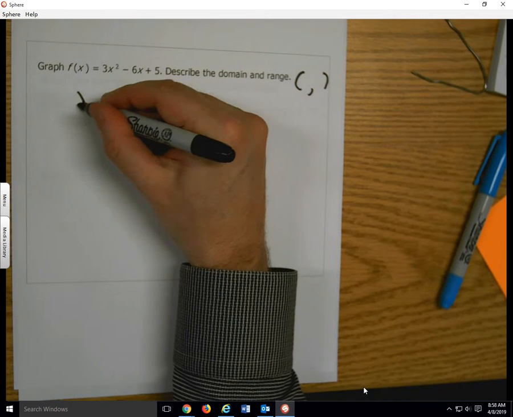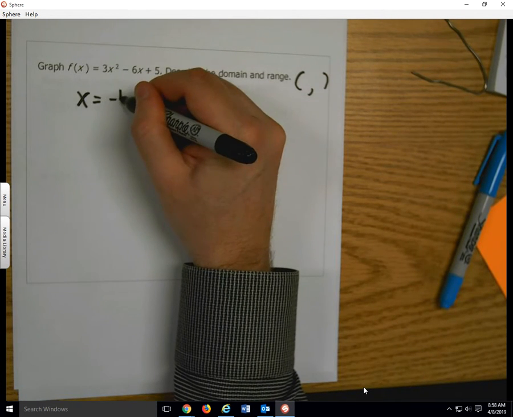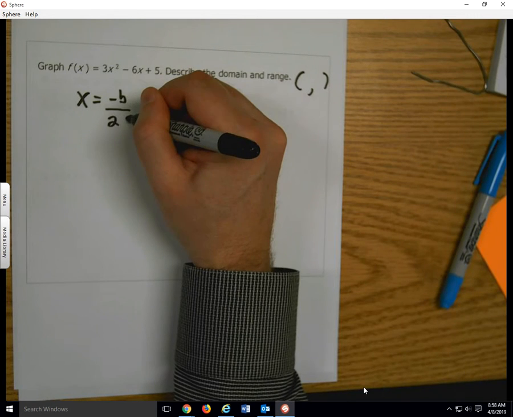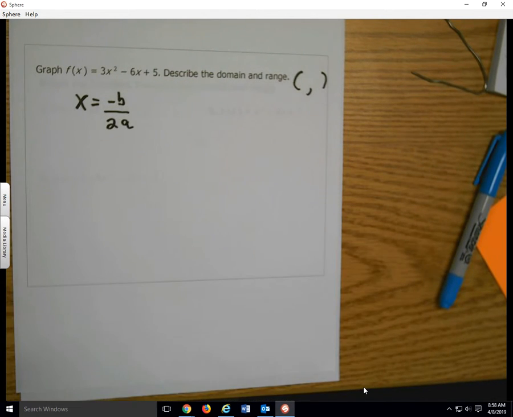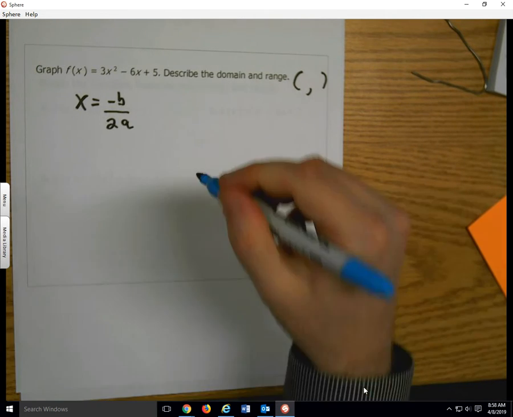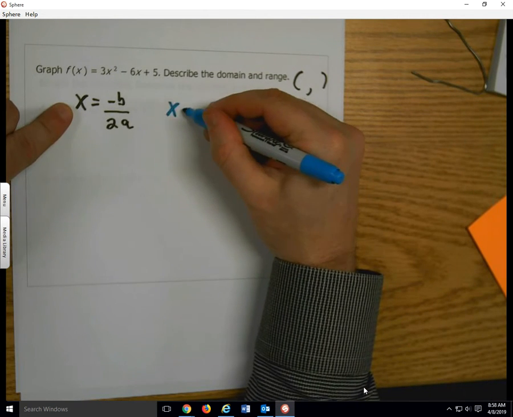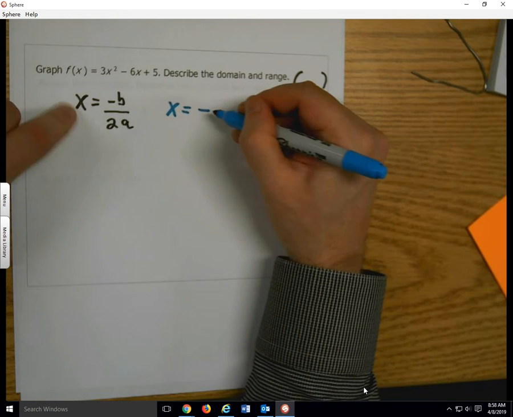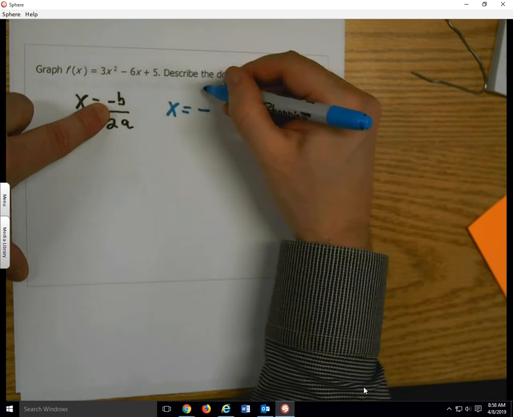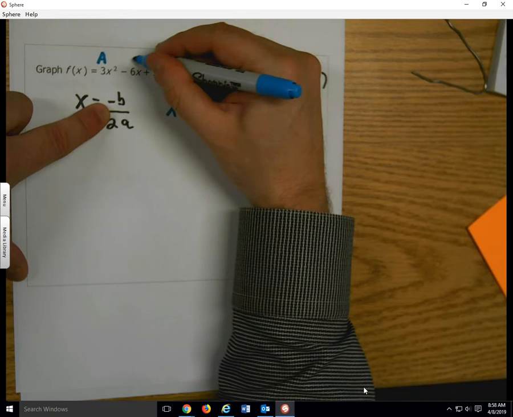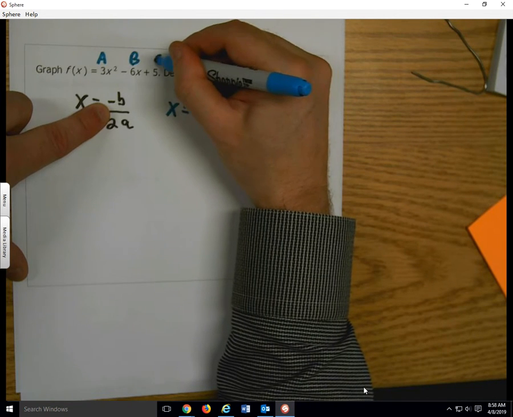We'll say x equals negative b over 2a. So x equals a negative, instead of a b, which one of these is the b?